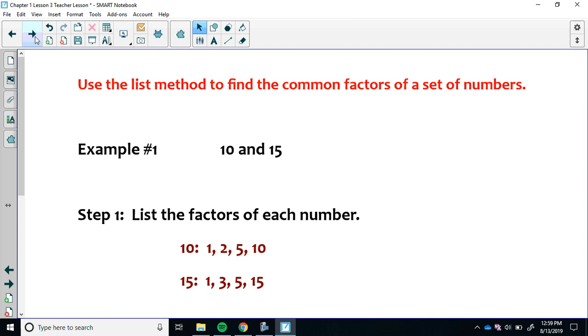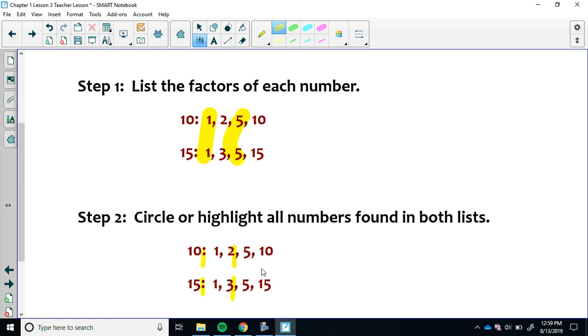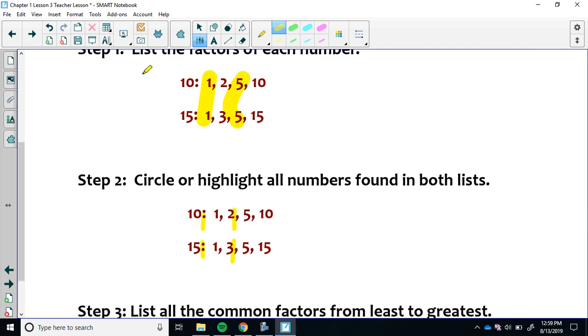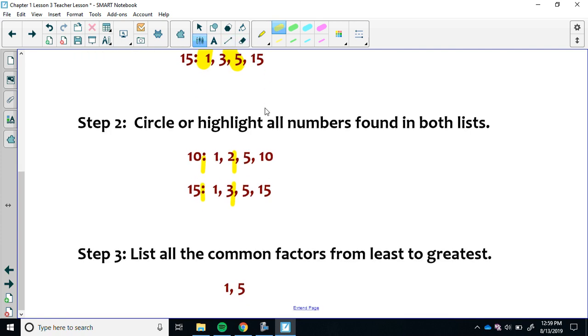So if I list the factors of 10, which are 1, 2, 5, and 10, and the factors of 15, 1, 3, 5, and 15, I can then compare the factors that they have in common, which are 1 and 5, which I guess I highlighted here. I jumped a step. So listing the common factors from least to greatest, the factors of 10 and 15, excuse me, are 1 and 5.